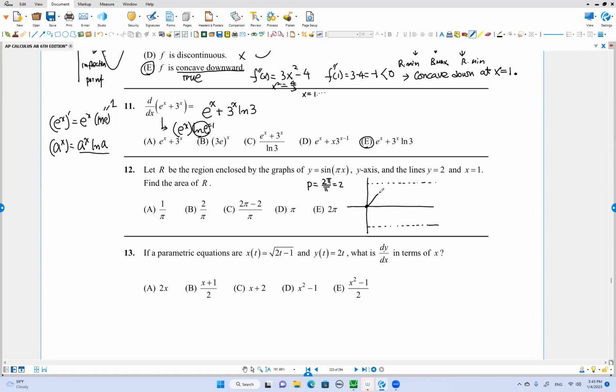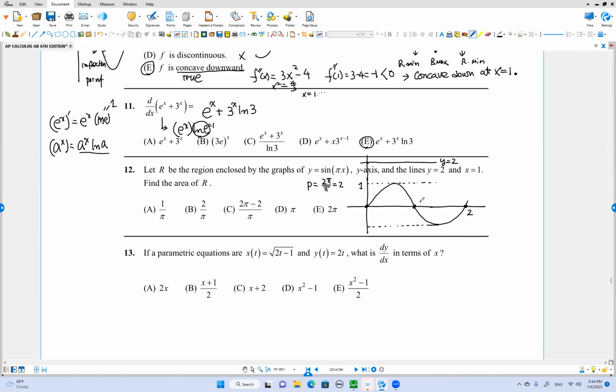The graph looks this way. This is 2, okay? Are you okay with this? Yeah. Where is y equal 2? This is 1, right? y is 2 up here, twice. Where is x equal 1?